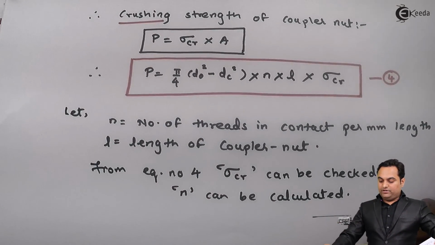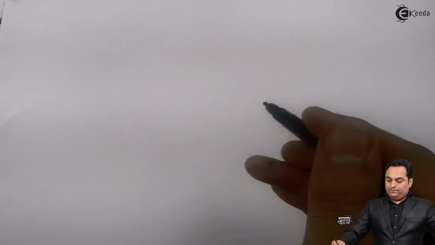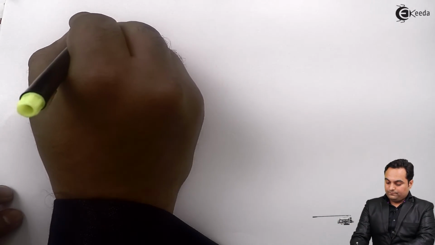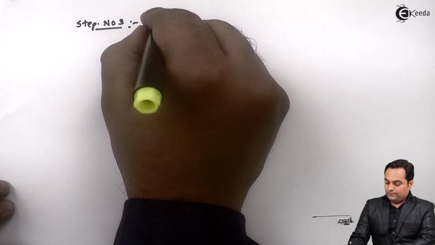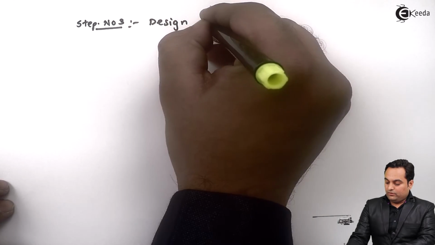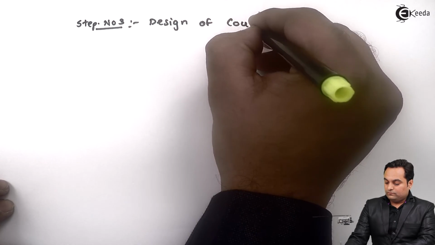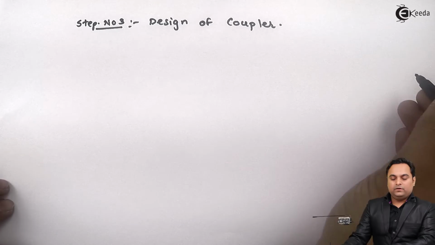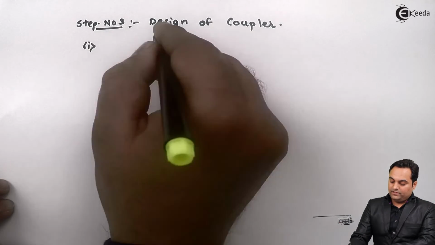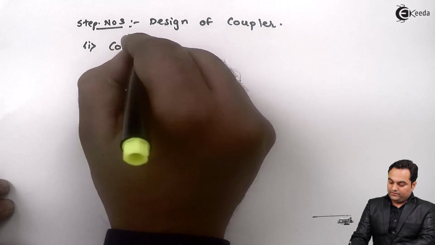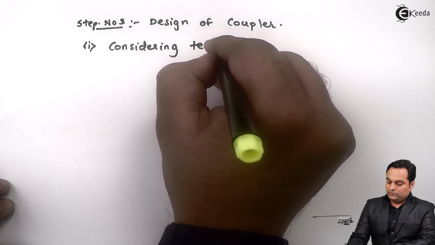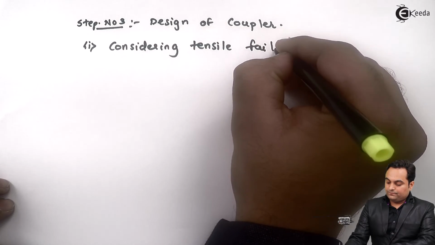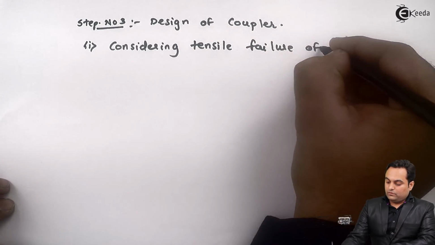So our step number 3 is design of coupler. Now in design of coupler, I'll say considering tensile failure of coupler.